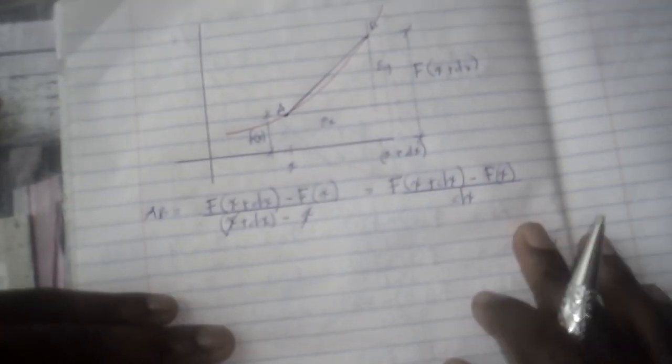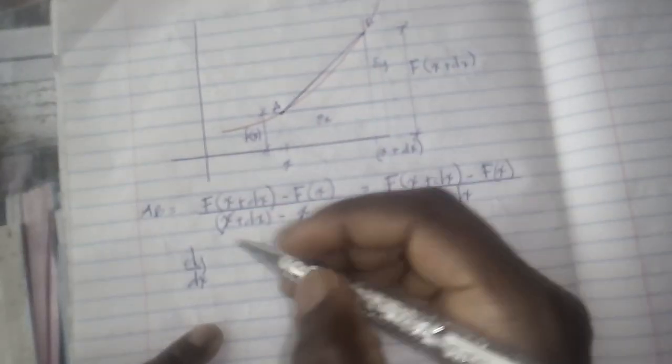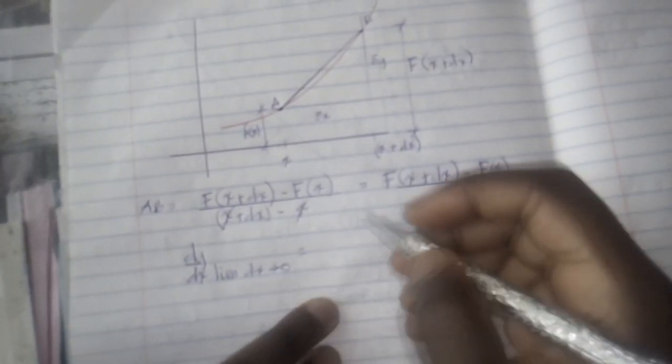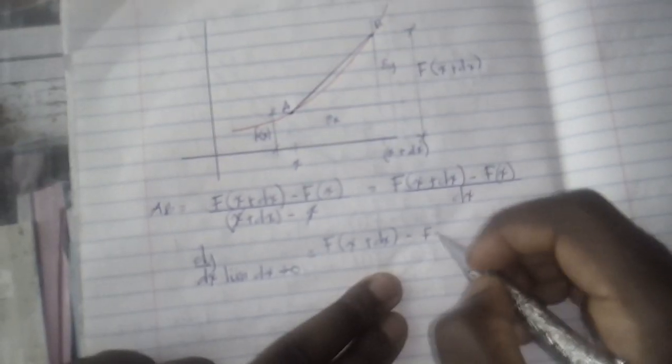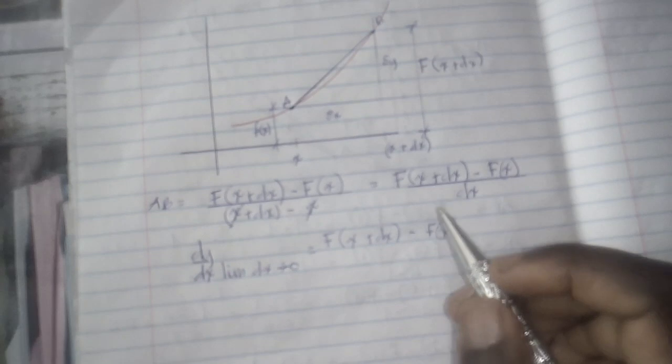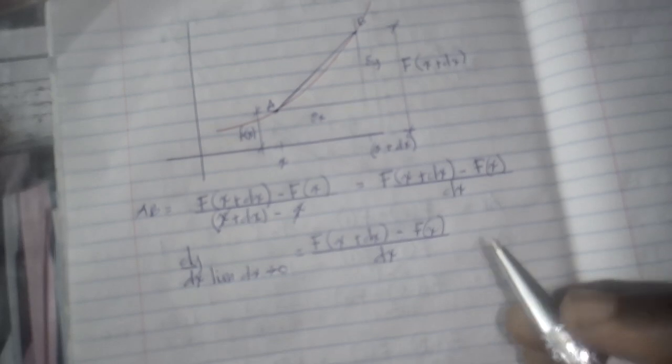So the way this is usually illustrated is that dy/dx, the differentiation of AB, with limit dx tending to 0, will be equal to f of x plus dx minus f of x, all over dx.